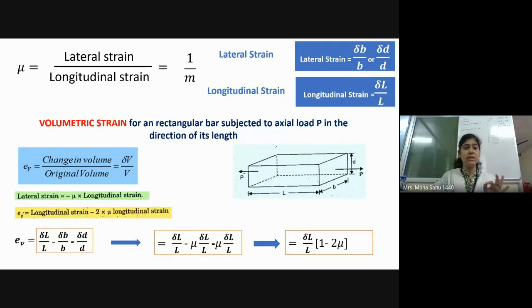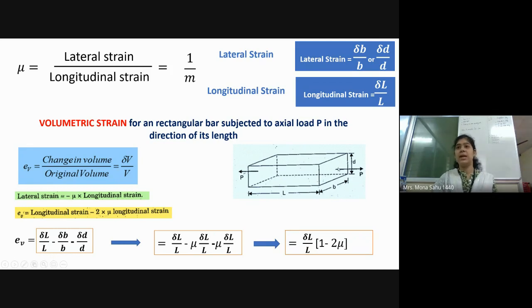So what does the definition say? When a body is subject to tensile load, there is increase in length. At the same time, there is decrease in other dimensions of the body at right angles to the action of the force applied.